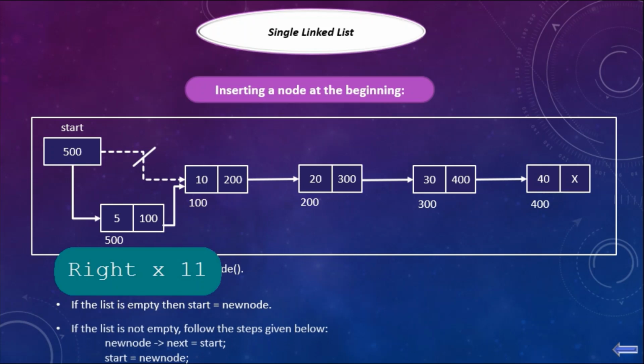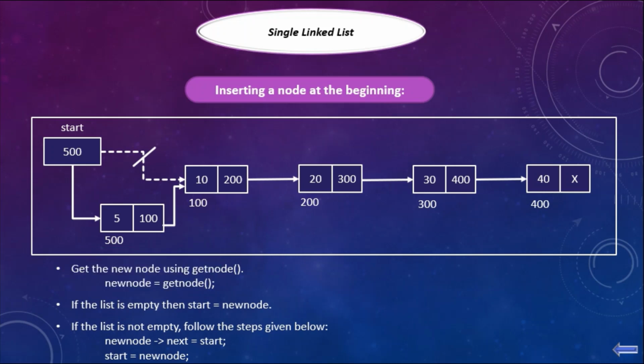And if the linked list is not empty, then we have to provide the address of the first node of the previous linked list into the new node's next field. For that we have to take the address which was stored in the start pointer and initialize the new node's next field with that address.